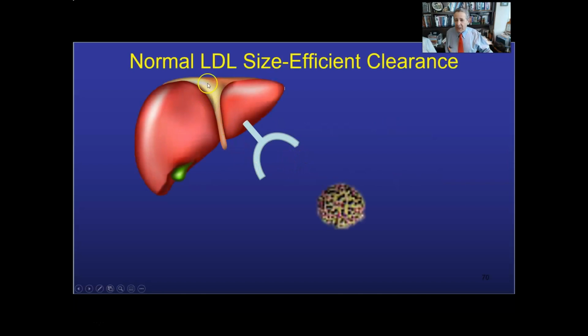And this is the way it works. Normal LDL is cleared from the bloodstream by receptors in your liver, and from there, it's taken into the liver, and it gets excreted through the small intestine.